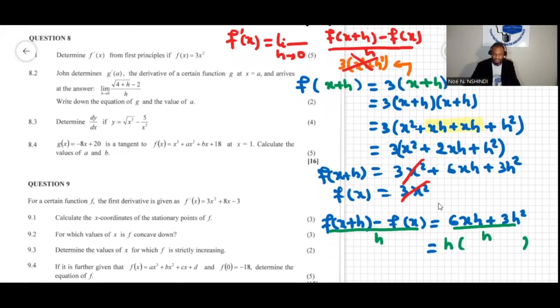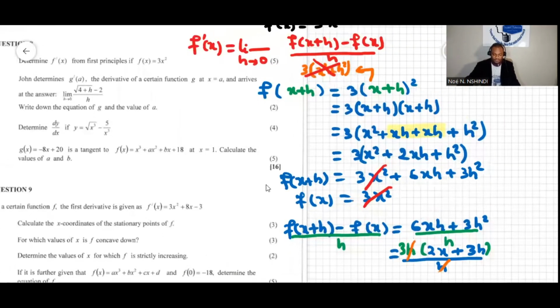Let's take 3h as a common factor here, because I prefer to take the highest common factor. We're left with 3h times 2x plus h, all over h. Then we can simplify the h.